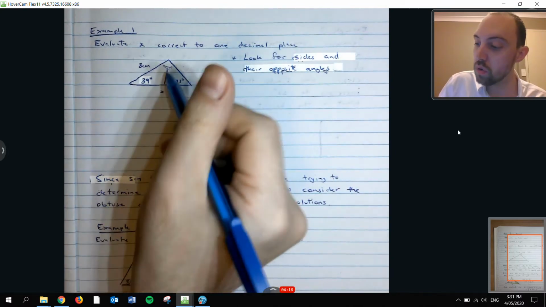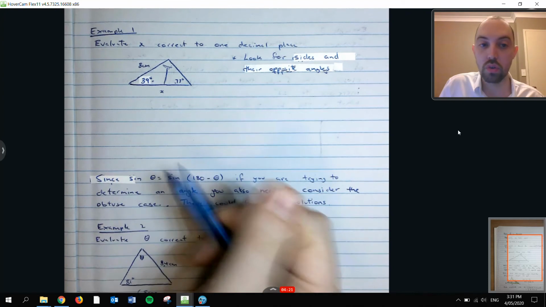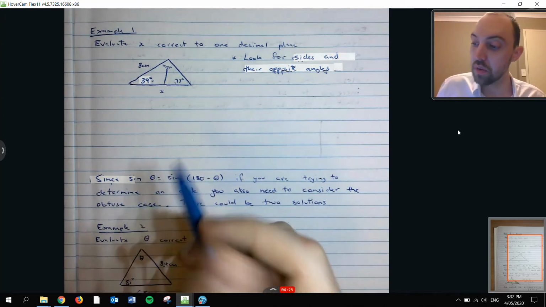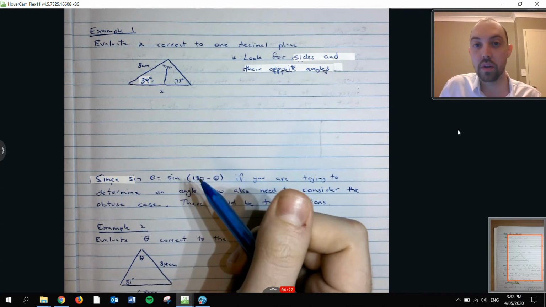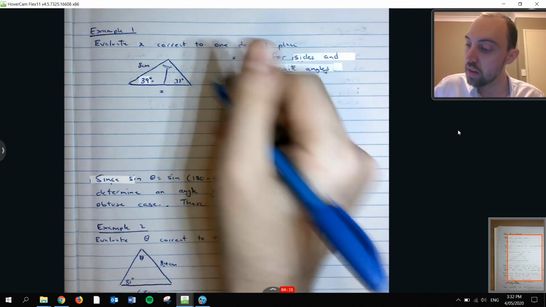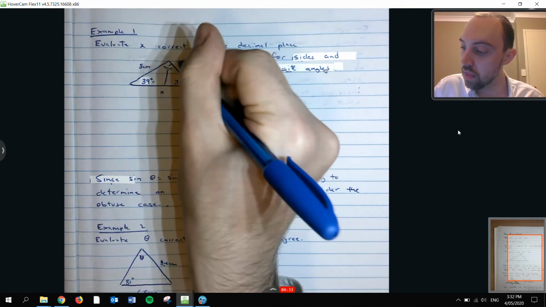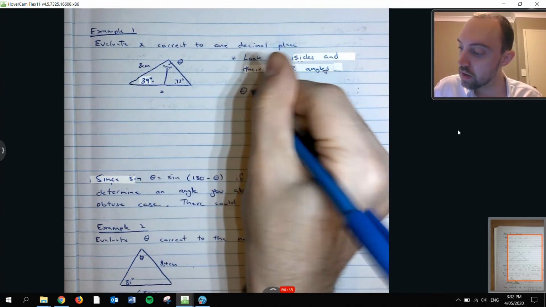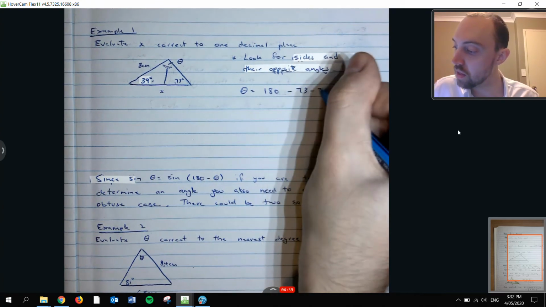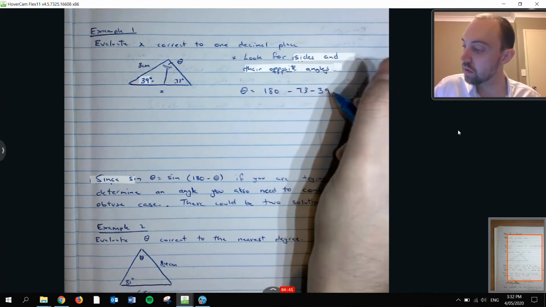But we do know two angles within this triangle, and hopefully we know that the angles within a triangle add up to 180 degrees. So we know that this angle here, let's call that theta. Theta is equal to what's left over if we take 73 and 39 from the angles in a triangle.